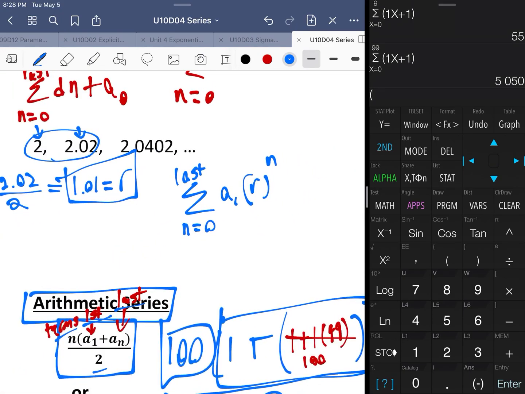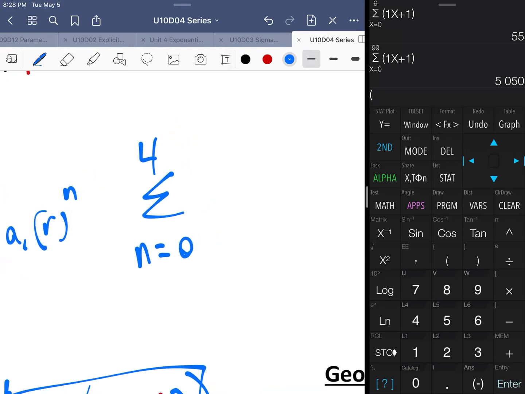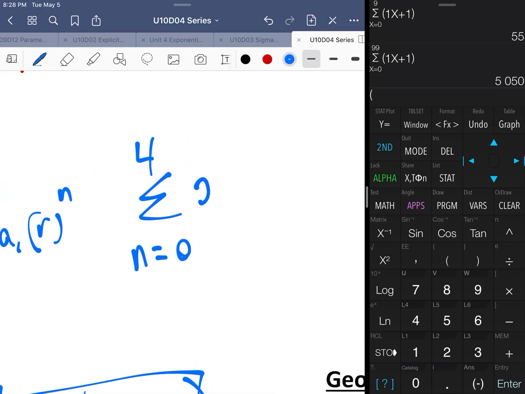So in this case, I'm going to write n equals 0 to 4, which is 5 terms. My first term was 2. My common ratio is 1.01. And we're going to do this n times.